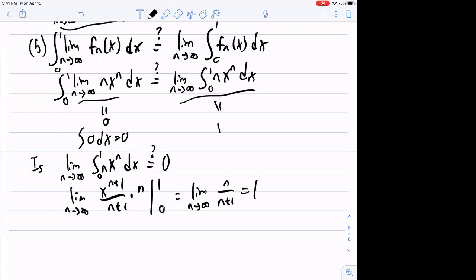So it's not equal. So you see, it's not always the case that you can just swap limits with sums and derivatives with sums, integrals with sums, stuff like that, right? There are some conditions. So here, all our functions were continuous, right?